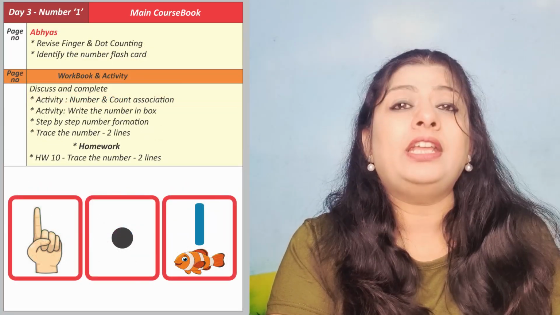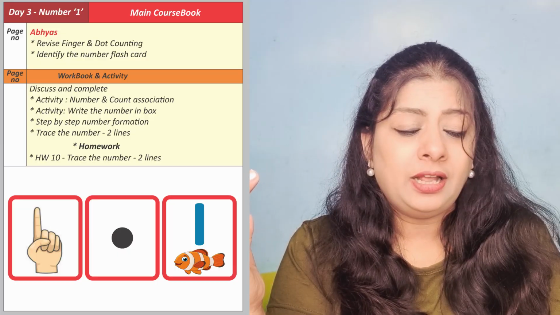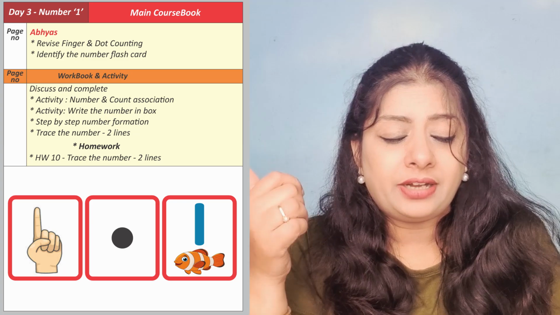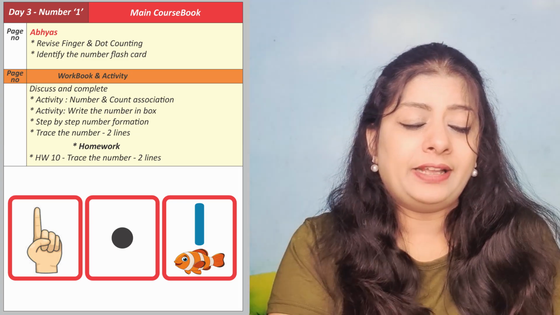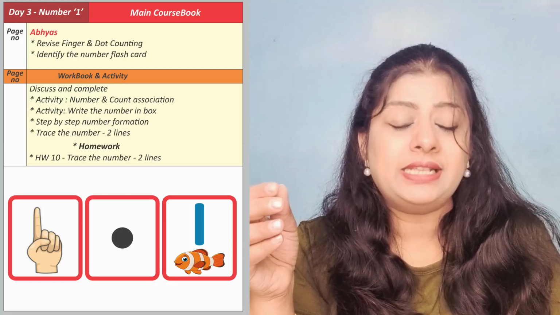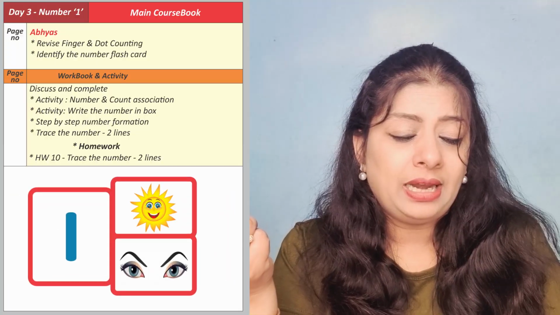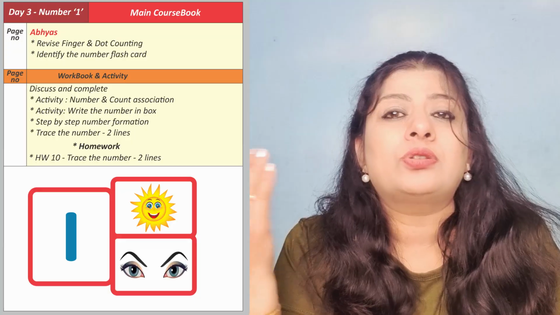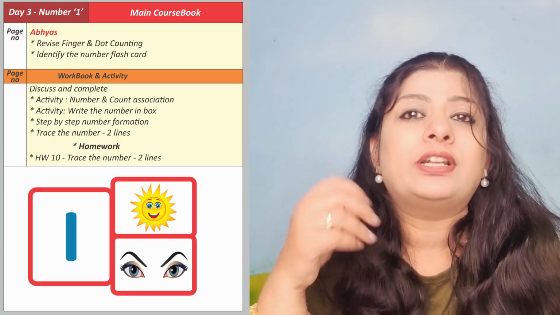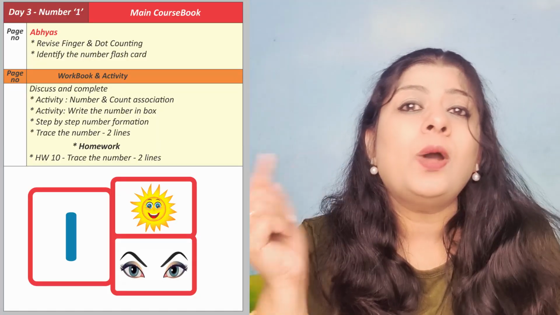In day 3, we will move towards the Abhyas. Bodh is done. So let children recognize and revise finger and dot counting, identify the number on flashcard, and we can do some activities using the classroom materials or using worksheets as well. You can make them associate, you can give the count cards and the number cards. For example, 1 sun and number 1 here, and ask children to match.